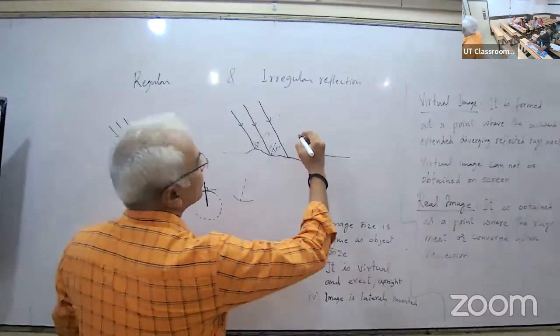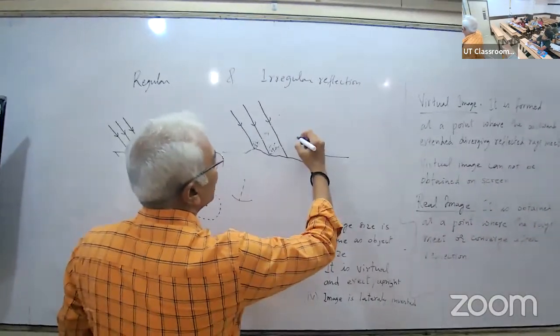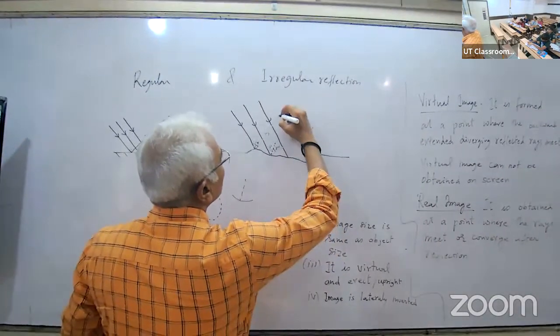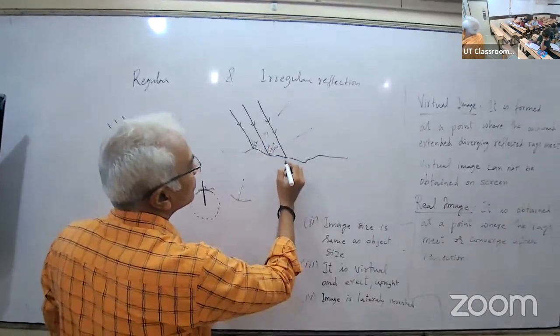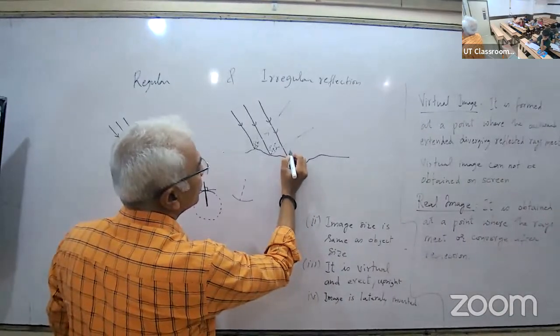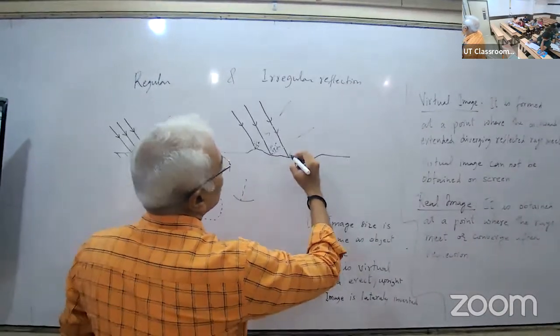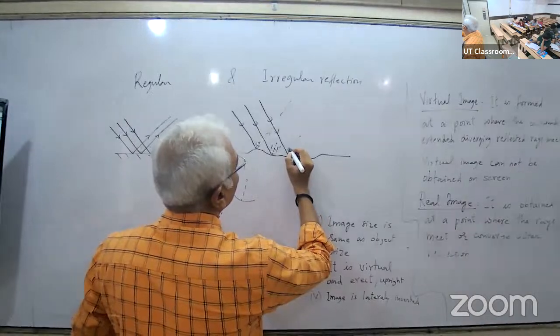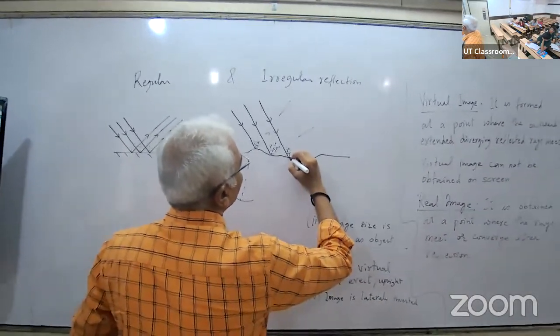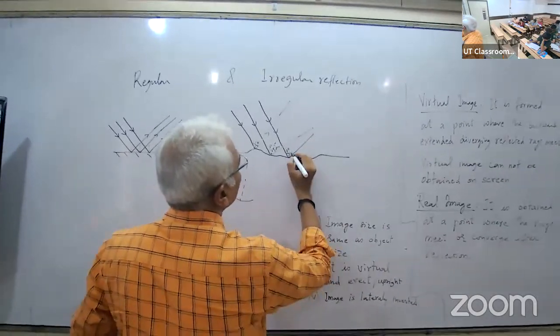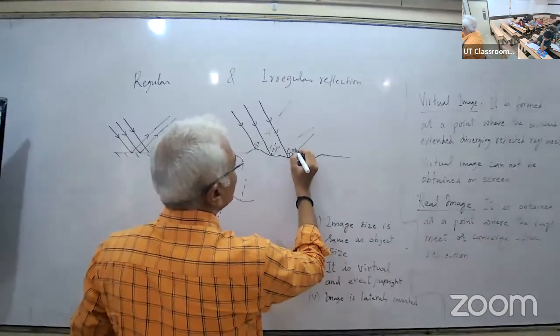So are these two reflected rays parallel? No. Now let's look at the third ray. Again, this is the normal. Now let's say this is I double dash. Draw the reflected angle equal to I double dash. So this is R double dash.